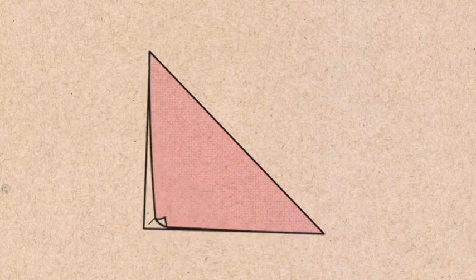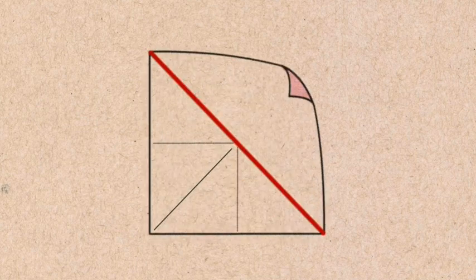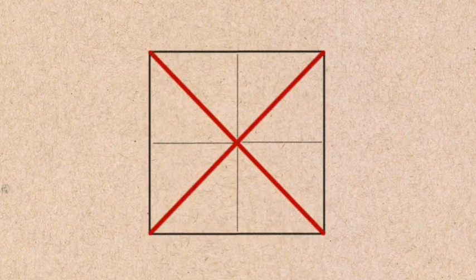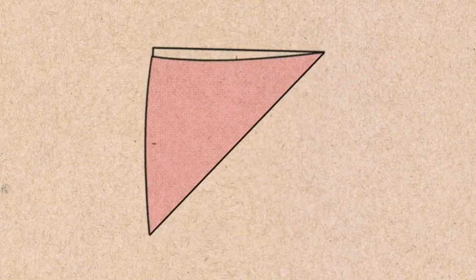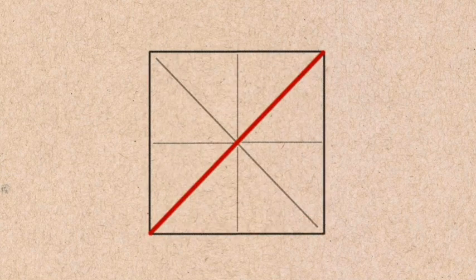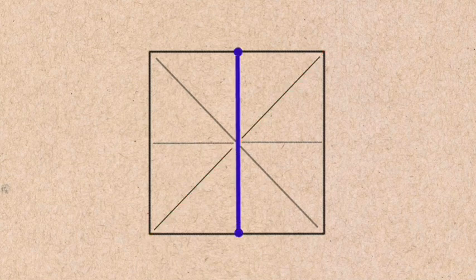For the square, it can be folded in half over either diagonal, the horizontal segment which cuts the square in half, or the vertical segment which cuts the square in half. So the square has 4 lines of symmetry.